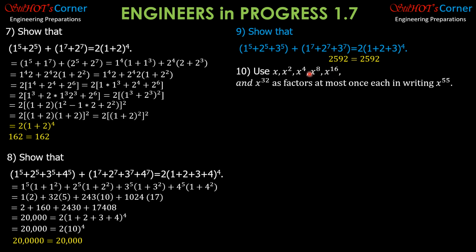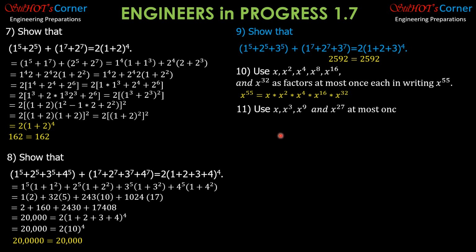If you use x to the 8, that's 56, which exceeds 55, so we do not use x to the 8. What is missing is x to the 7, and x to the 7 is represented by x times x squared times x to the 4th. Therefore, x to the 55 is x squared times x to the 4th times x to the 16 times x to the 32.